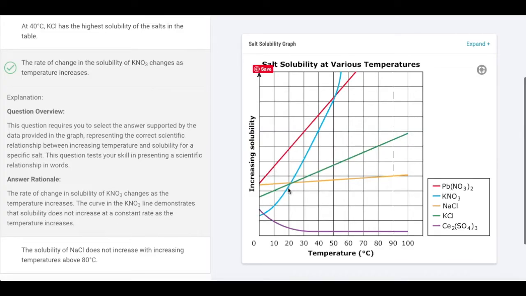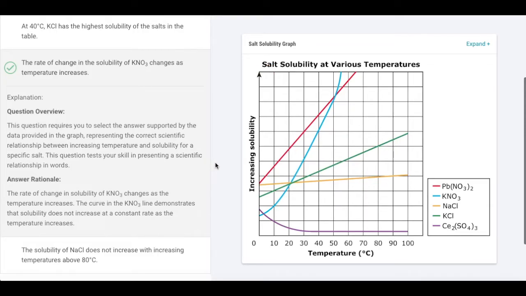However, for a curve, like the blue line here, the slope changes from point to point. So there's a constant rate of change for the red line as temperature increases, but for the curve there's not a constant rate of change, because the rate of change of the curve changes from point to point.